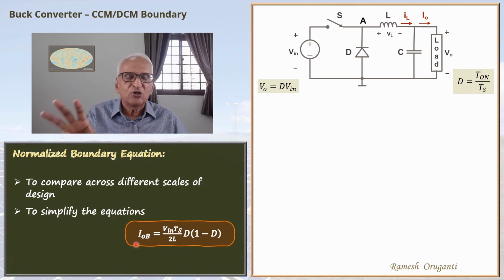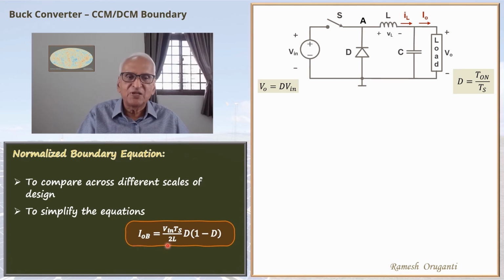So if I just plot IOB versus D, I have to plot one set of curves for Vin variations, another for Ts variations, maybe a third set of curves for inductance variations. It becomes too complex.